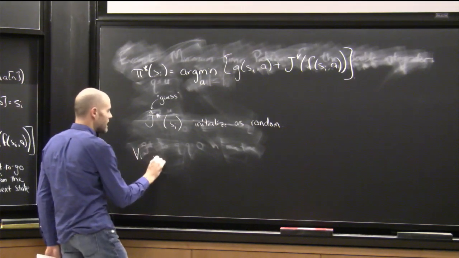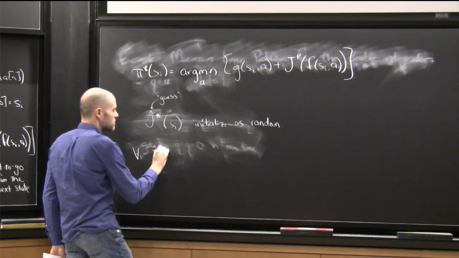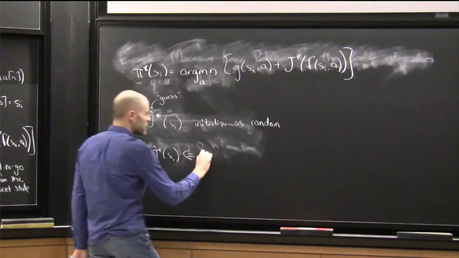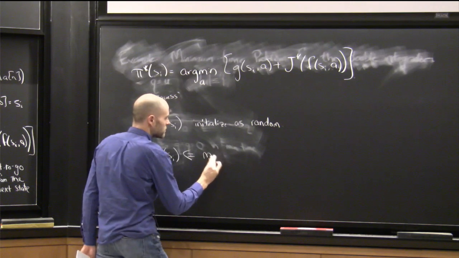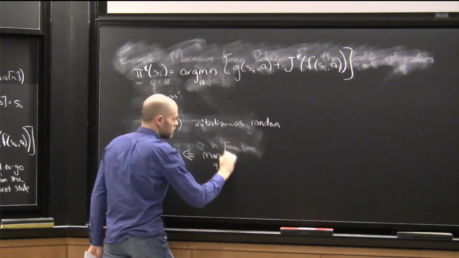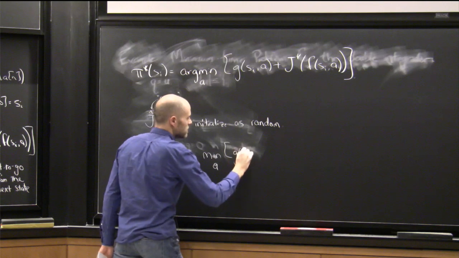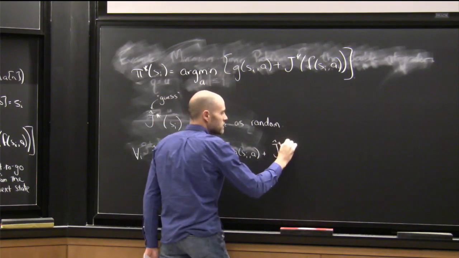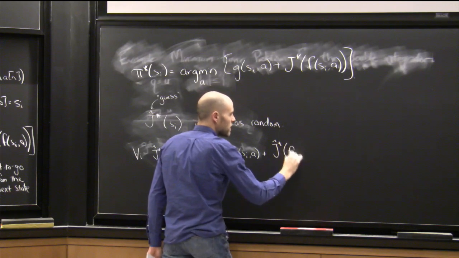So I'll say for all i, J hat of s_i, I'm going to update it using this min over a of g of s_i, a plus my current approximation.